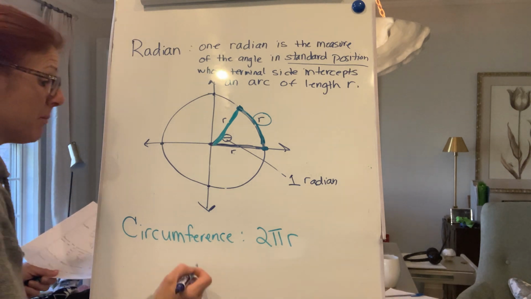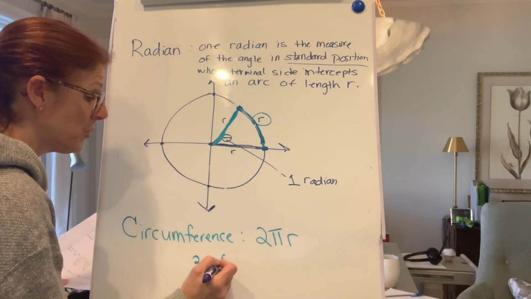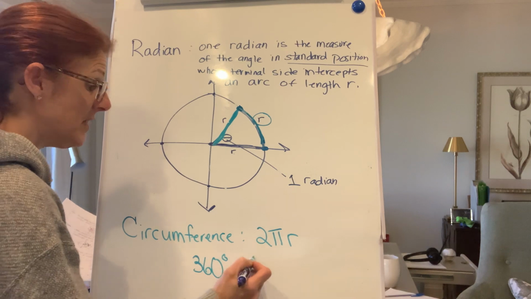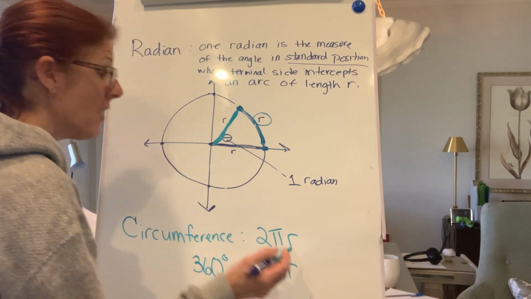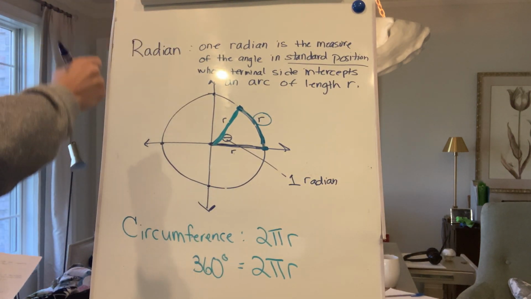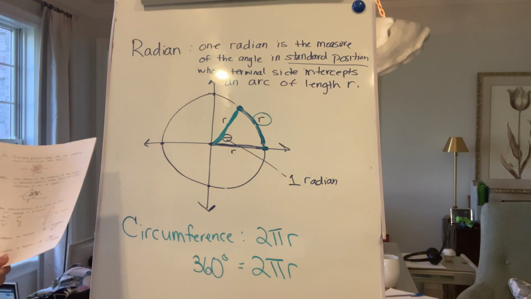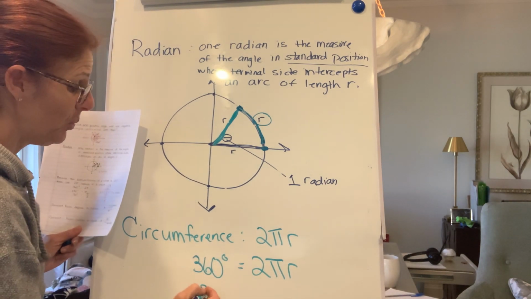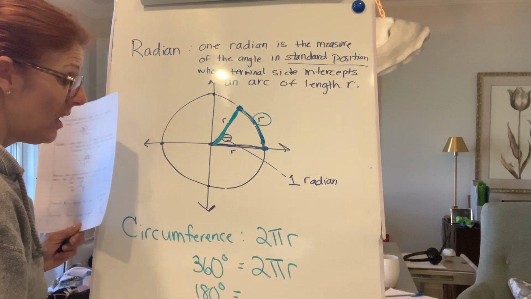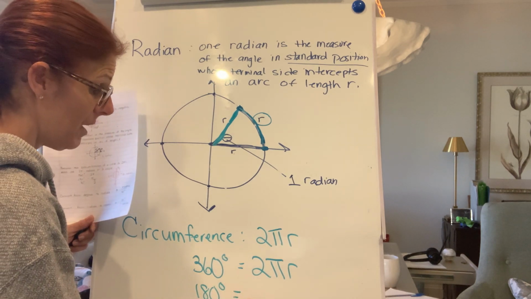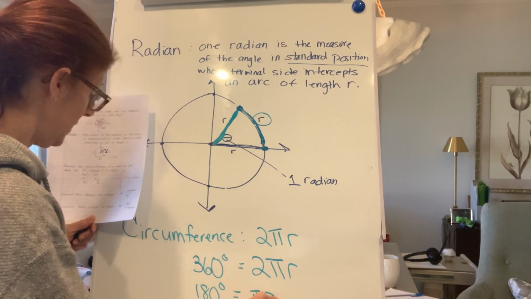So another way to think about that is 360 degrees in angle measure is equal to 2 pi r in arc measure. If I divide both sides by 2, I get 180 degrees is equal to pi times the radius.